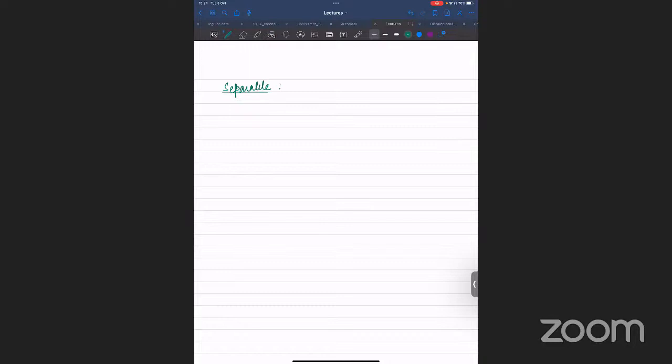We say that the set Q is separable with respect to T if the elements of Q are pairwise distinguishable with respect to T.